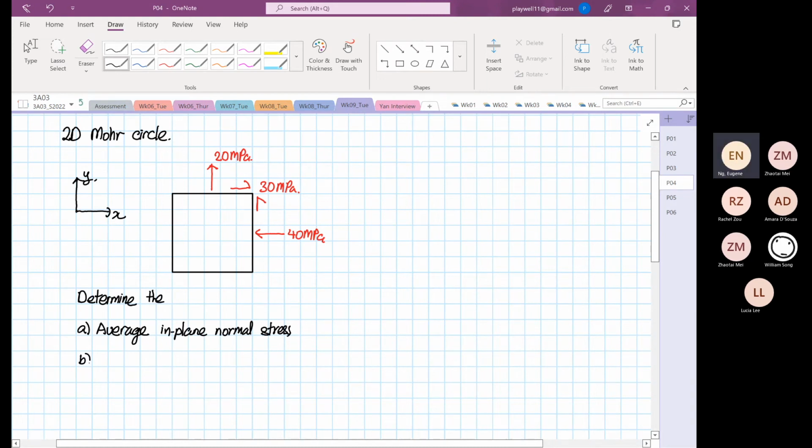B, you're going to find the maximum in-plane shear stress.